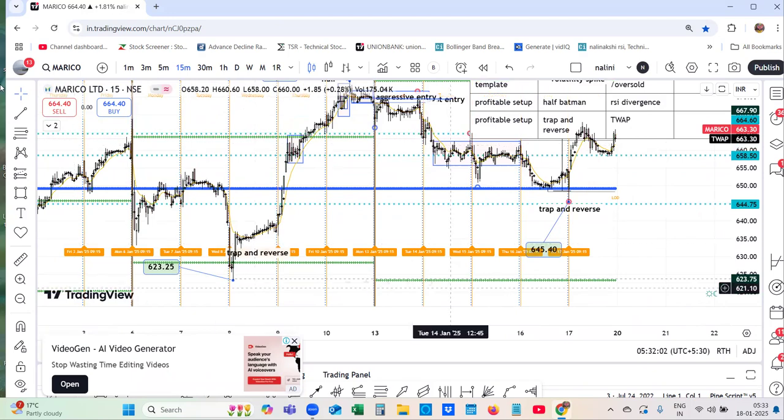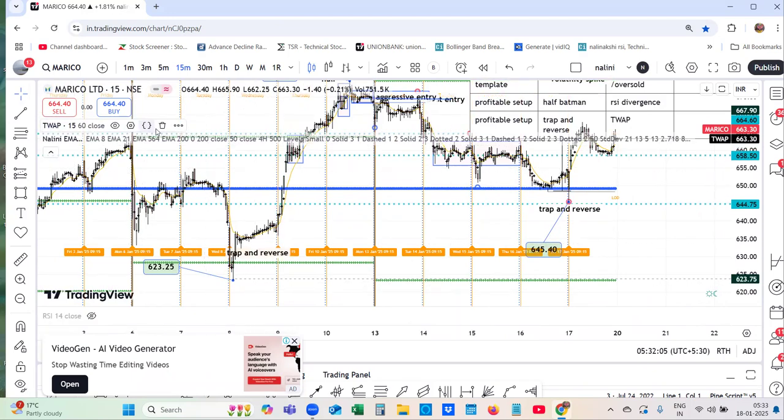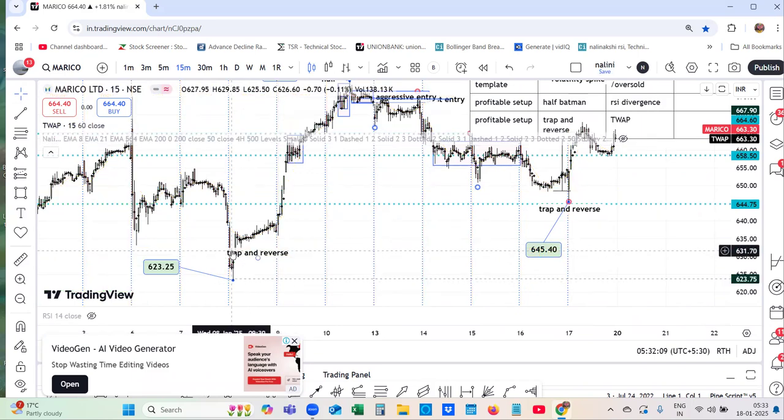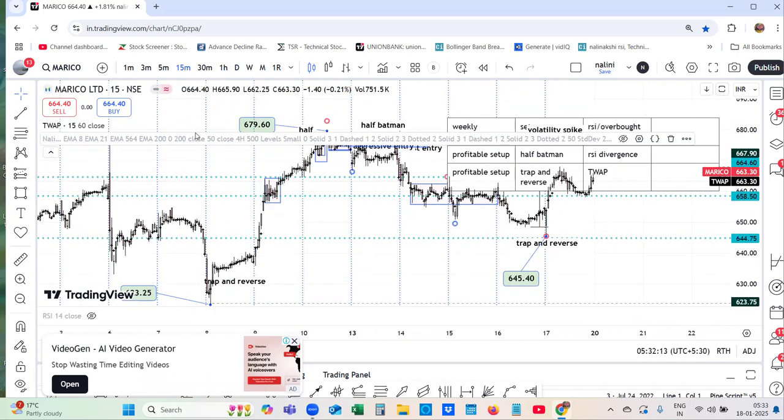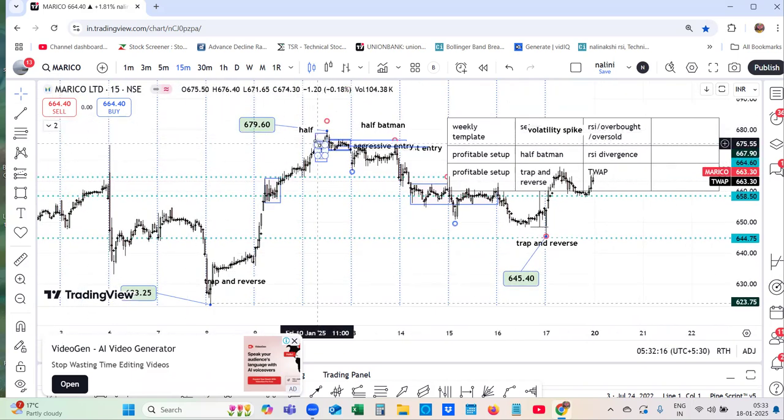Let me hide this template so that you can see properly. This is the trap and reverse pattern and the Off-Batman pattern. When these two patterns occurred, this was a very profitable reversal trade.